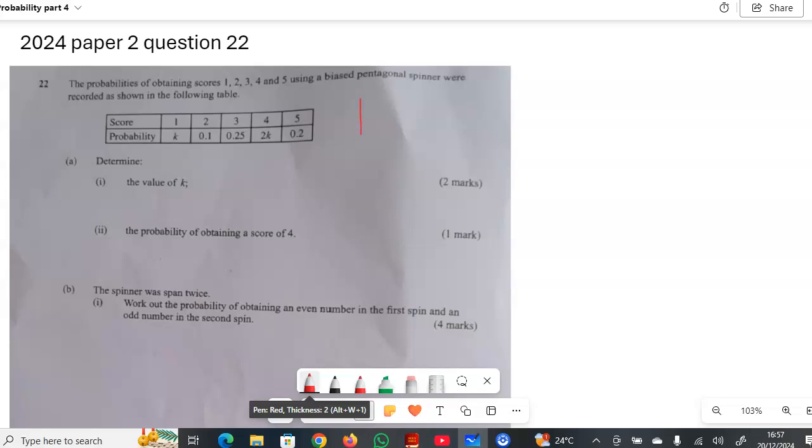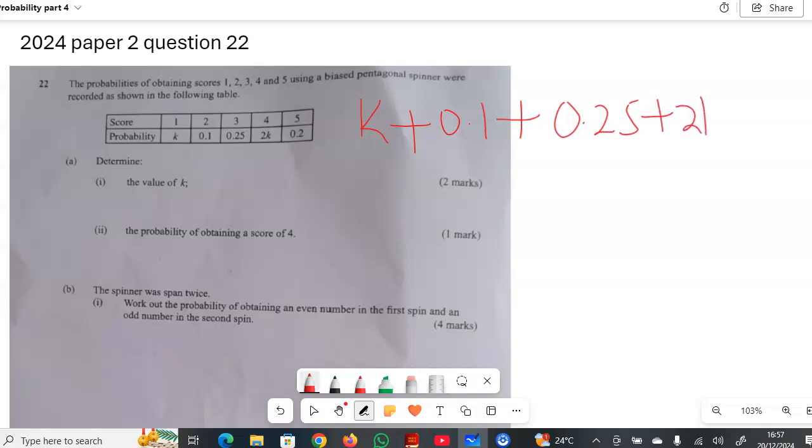K plus 0.1 plus 0.25 plus 2K plus 0.2 gives us 1. So when you add the K plus 2K, that's going to give us 3K. Then 0.1 plus 0.25 plus 0.2 is going to give us 0.55.